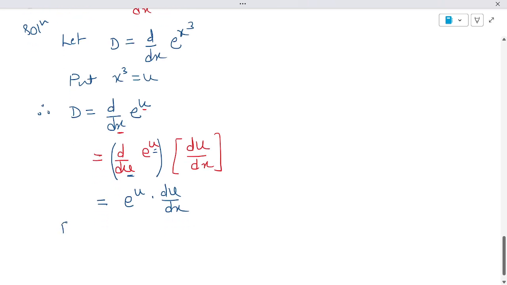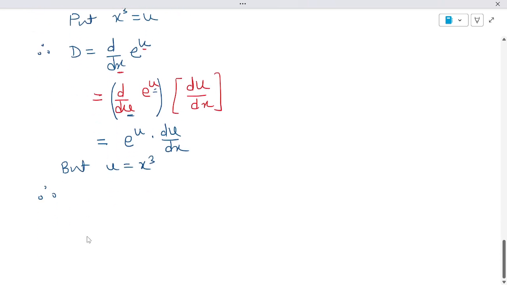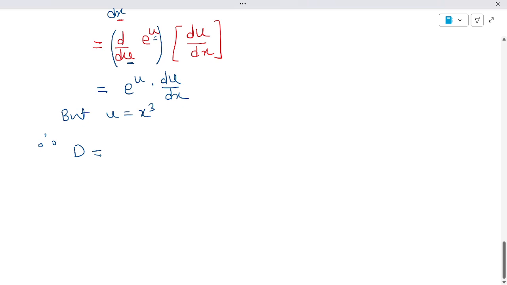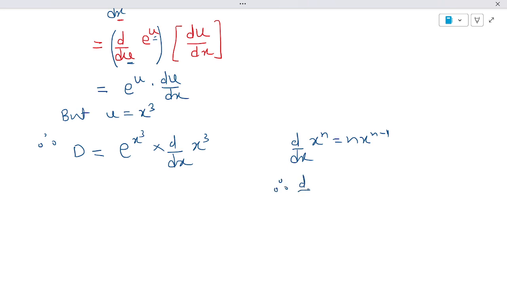Okay, but u is equal to x cube, so therefore this d is equal to e power x cube into d by dx of u. U is x cube. Now we have this formula, derivative of x power n is n x to the power n minus 1. So therefore derivative of x cube is 3x to the power 3 minus 1.